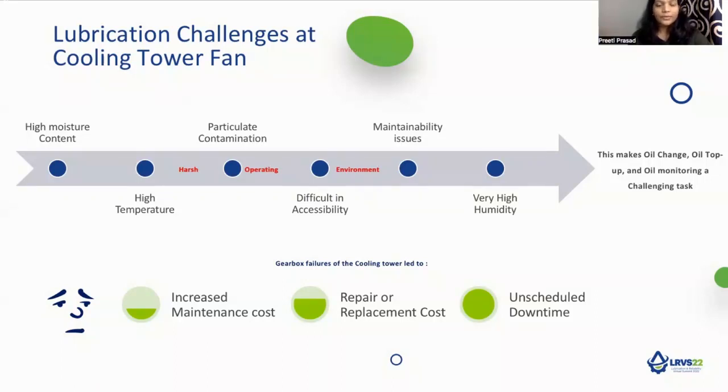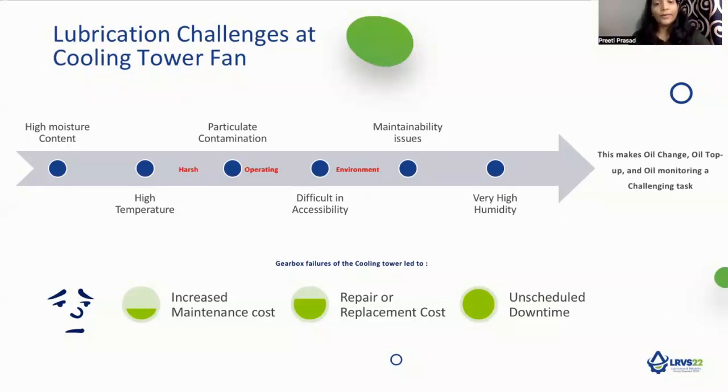So here I would like to suggest some very basic tips for maintaining your gearboxes. You can install a desiccant breather with an extended hood to protect against particle and moisture contamination.